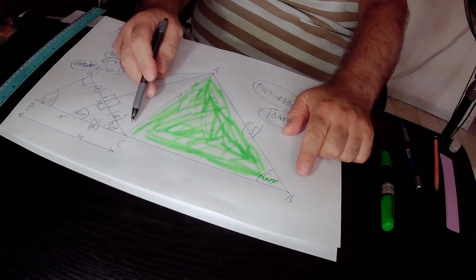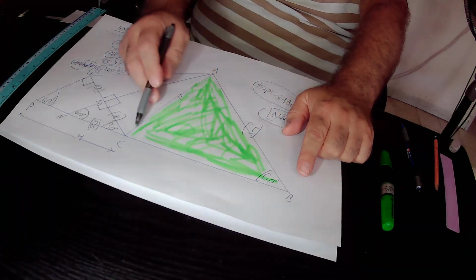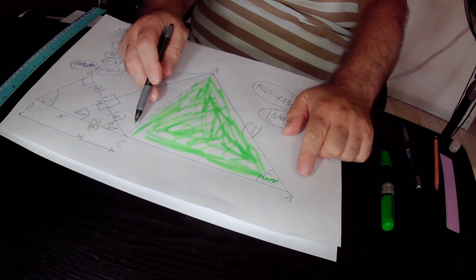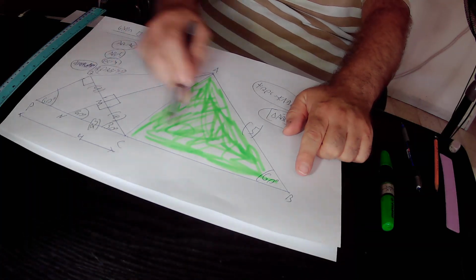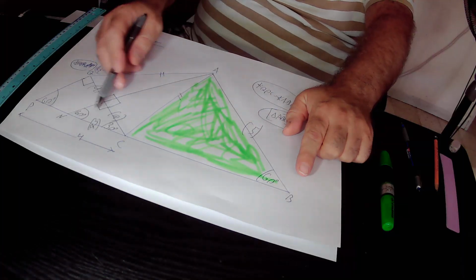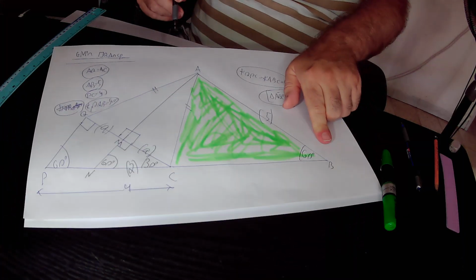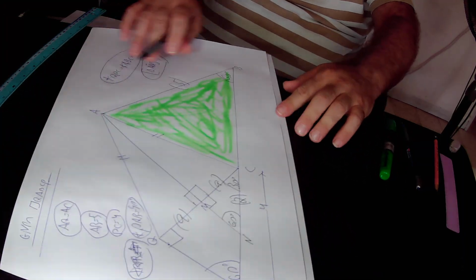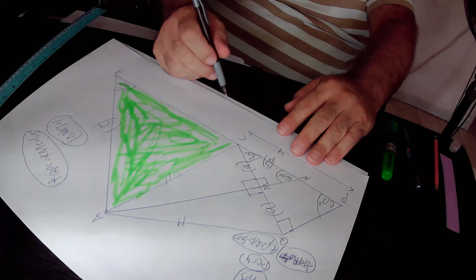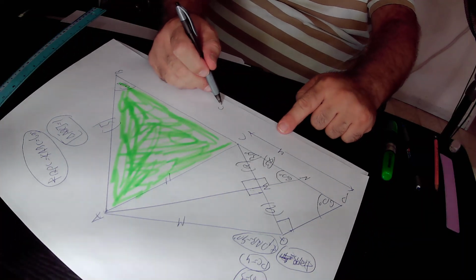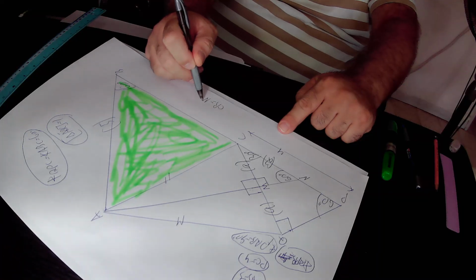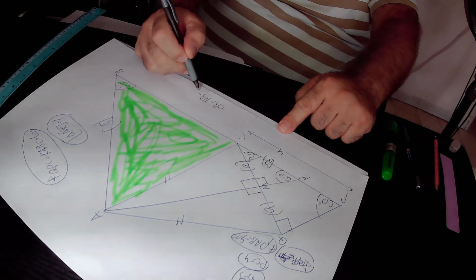So what is the length of the missing side CB? From the drawing it is very easy to see that CB in total equals NB minus NC. Again, NB minus NC equals CB. So I write it down. CB equals NB minus NC.